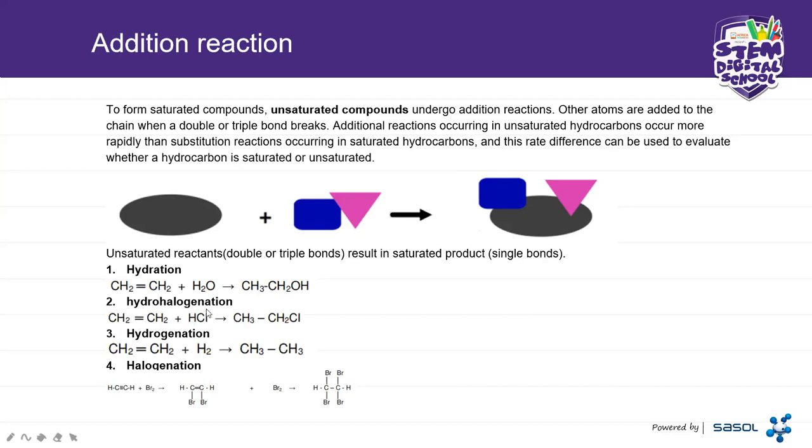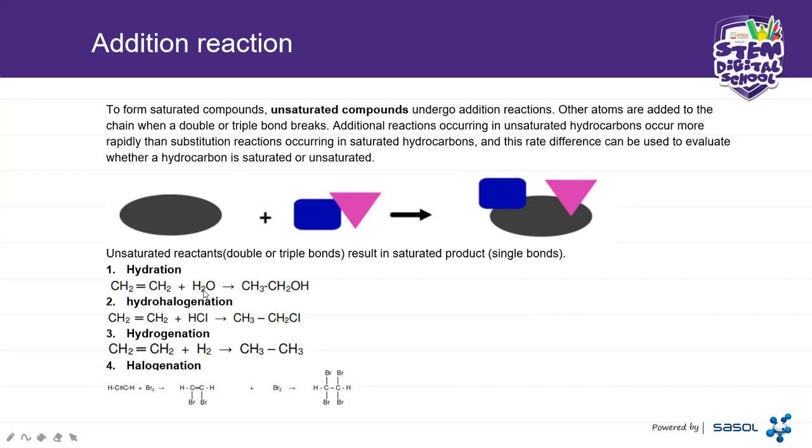So number one, we've got hydration, and this is what we're going to have. You see what's happening here? We've got ethene, because it's got a double bond over there. It's got two CH with a double bond, plus H2O. That will give us, when we add them all together, an OH.